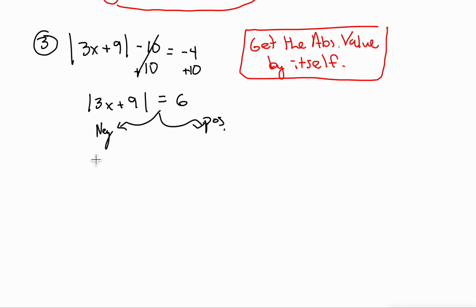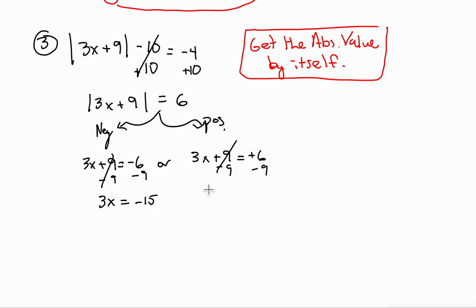So we've got 3x plus 9 equals negative 6, or 3x plus 9 equals a positive 6. And then we solve like we normally do. So minus 9, minus 9. I like to do those together because they're almost the same, except when we do the calculations. So that would be negative 15.